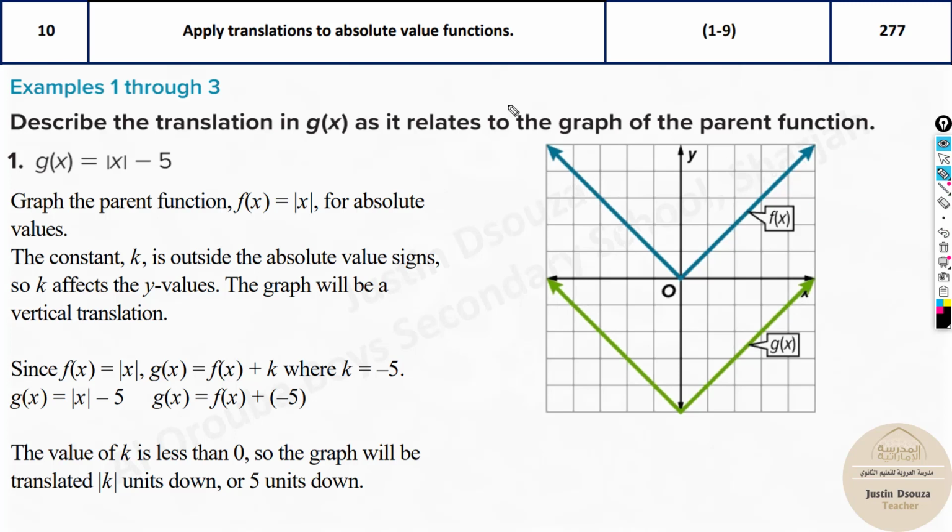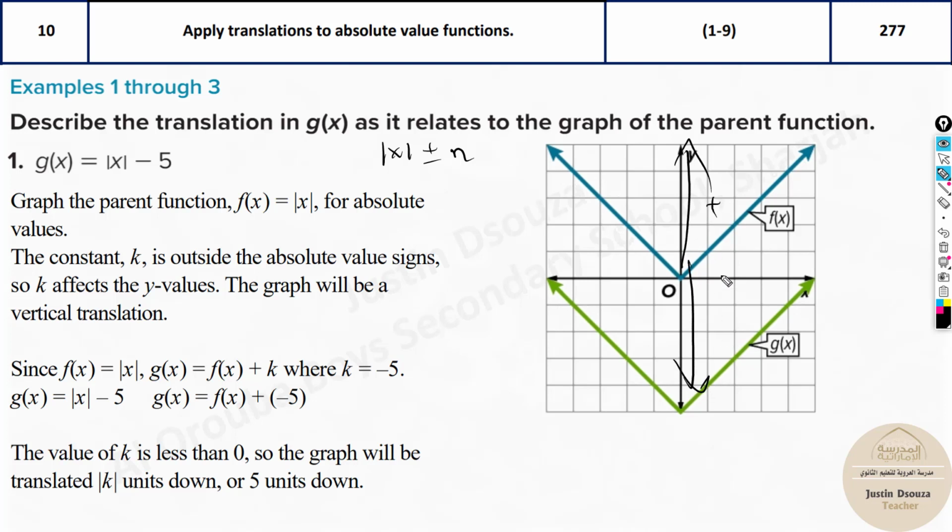Here, all you need to know is two important things: whether the number is added or subtracted outside the absolute value function or inside it. Whenever you have absolute x plus or minus any number, say n, it will go either up or down.